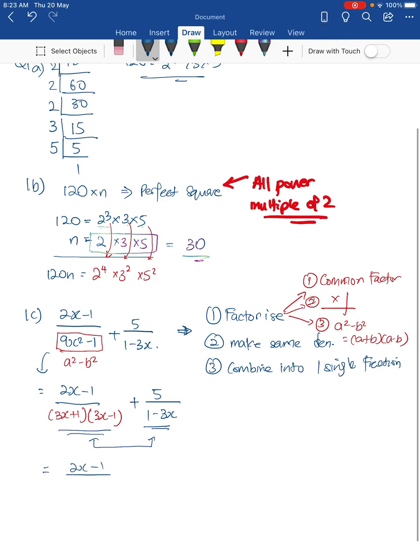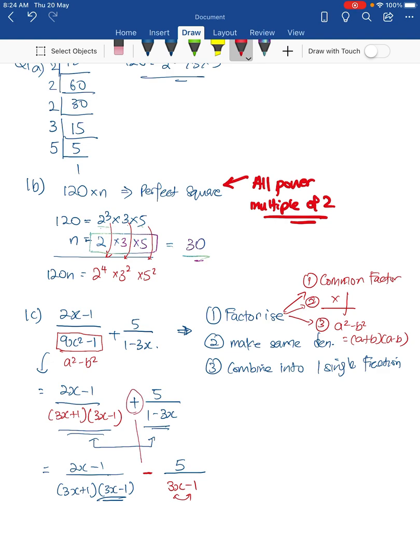For the second fraction, we can see that it is 1 minus 3x, but on the left side this term is 3x minus 1. So what we need to do is flip. I flip this to 3x minus 1, and since I flip over here, I need to flip the sign, from positive to negative.